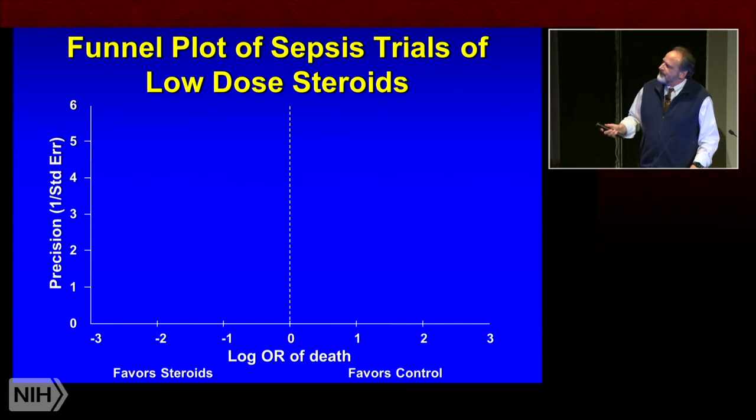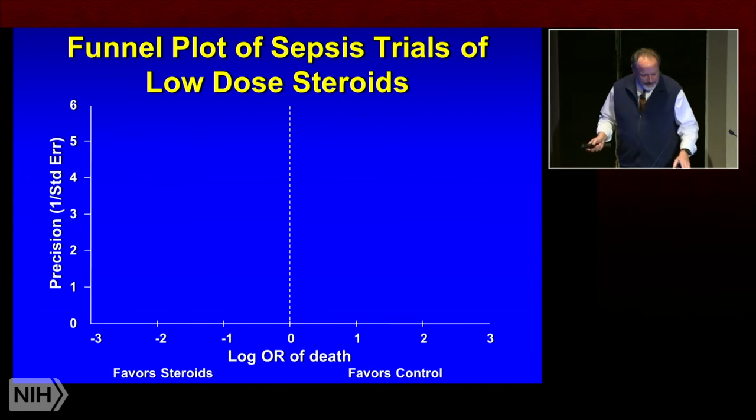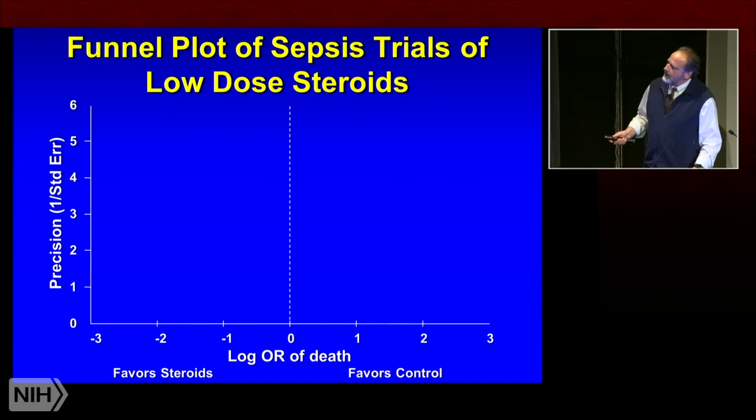So here is the no effect line, and precision just means the size of the trial. And here's the log odds ratio of death. I'm sorry, this is reversed. Now control is here and steroids are here. I should have reversed this, but I haven't done it yet. And let's now look at the treatment effect.